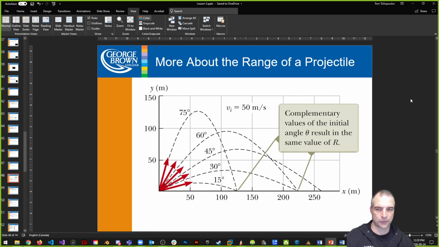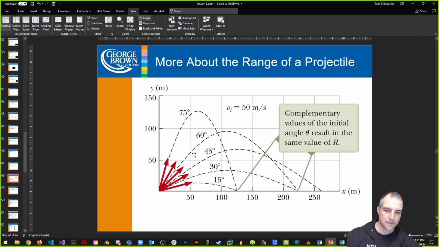More about the range of a projectile. Here's something. Notice that there are symmetrical values for the angle. If I have an angle of 75 degrees, we observe that the distance an object will travel, the total range, is the same as if I was projecting it at an angle of 15 degrees. This is interesting because if you take 15 degrees and add it to 75 degrees, you get 90, right?